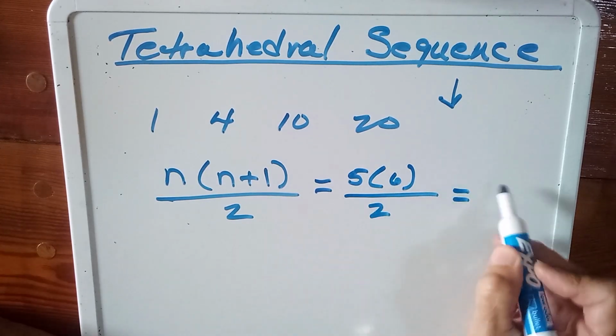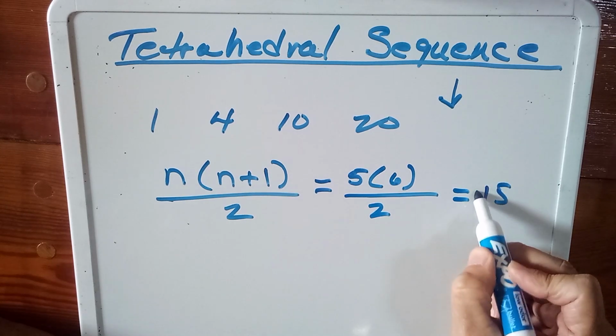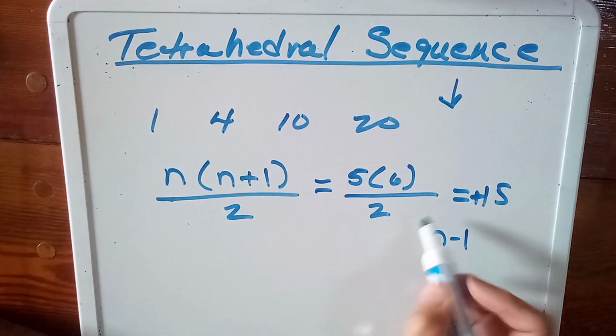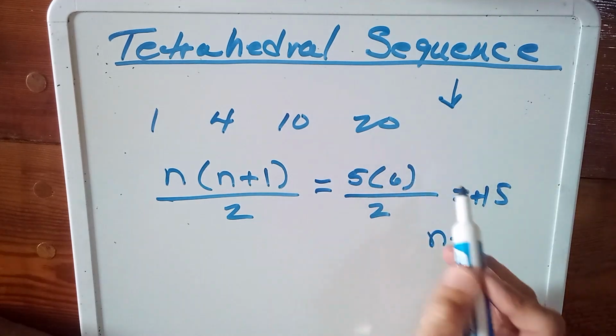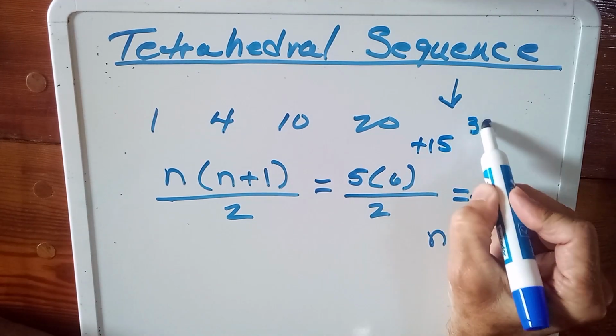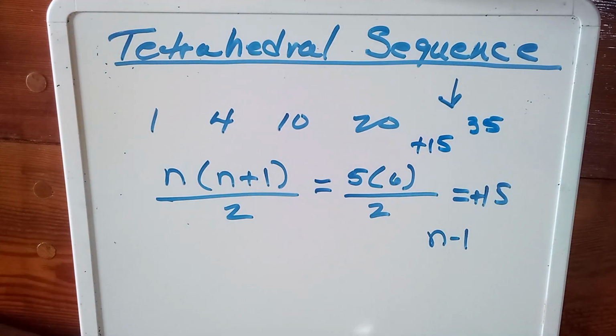So that's 30 divided by 2, or 15. This is the number that I add as a recursive sequence. Again, it's what I'm adding to n minus 1, or the previous term. So it would be 20 plus 15 is 35. And we saw that in the previous tetrahedral sequence, the fifth term is indeed 35.